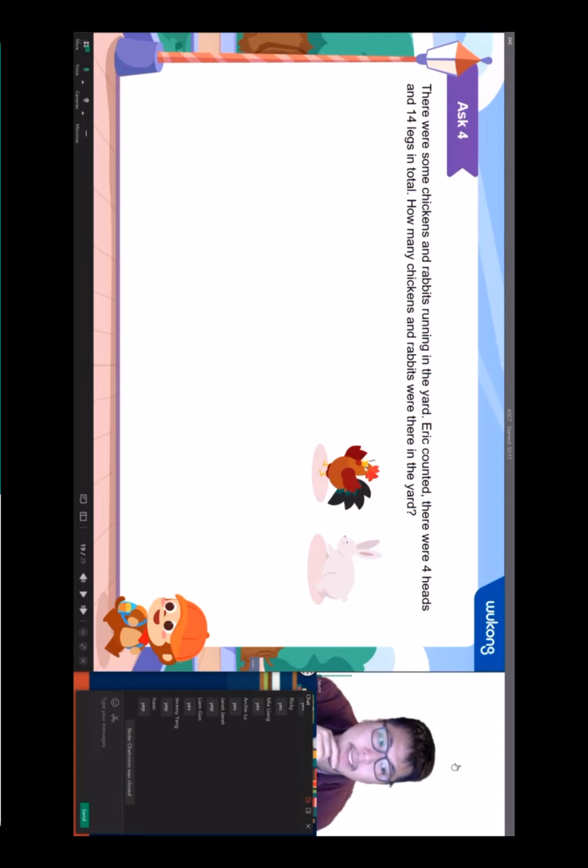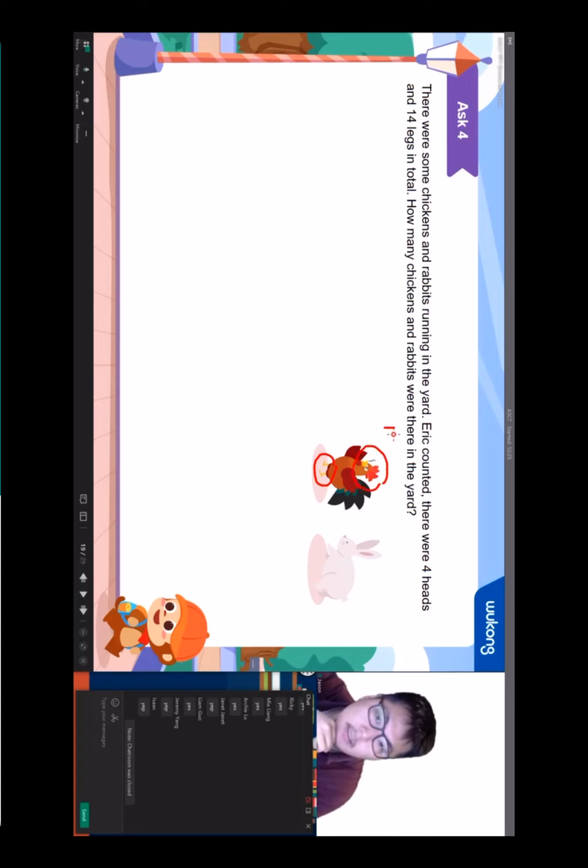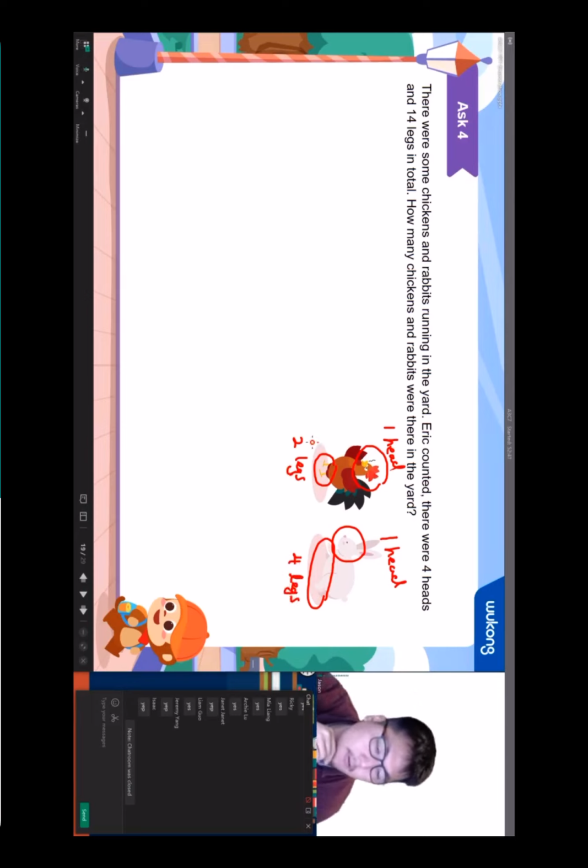So everybody knows that a chicken will have 2 legs and 1 head. Now a rabbit also has 1 head, of course, and a rabbit has 4 legs. Right?